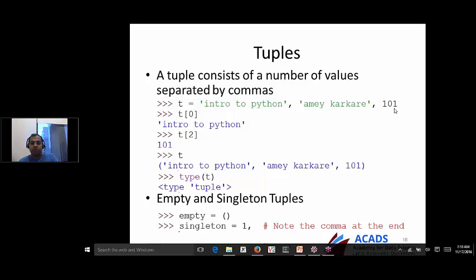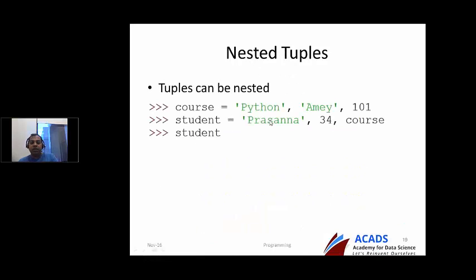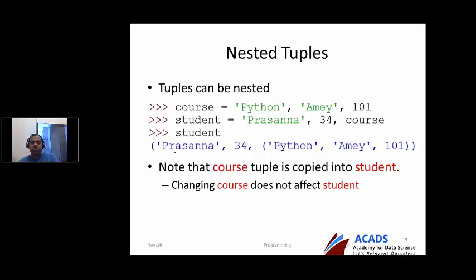Tuples can be nested. So for example, I can have a tuple inside a tuple. So in this case, a student tuple consists of Prasanna, 34 and another tuple called course. Okay, if I try to print student, I will get nested parentheses. So all this is very interesting because, and again, it follows the type rules of Python or any other programming language in general, where you can replace a value by any other equivalent value of similar type.